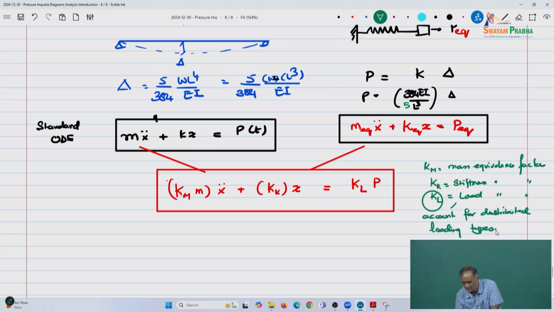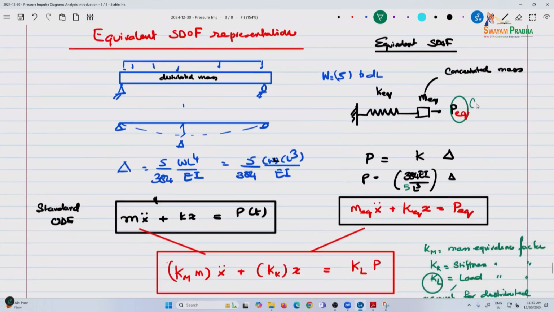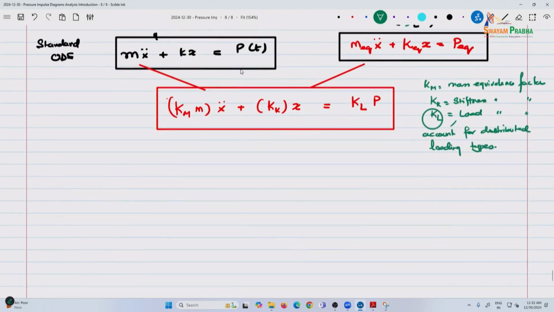In the nonlinear program, it is a concentrated load and a concentrated mass.